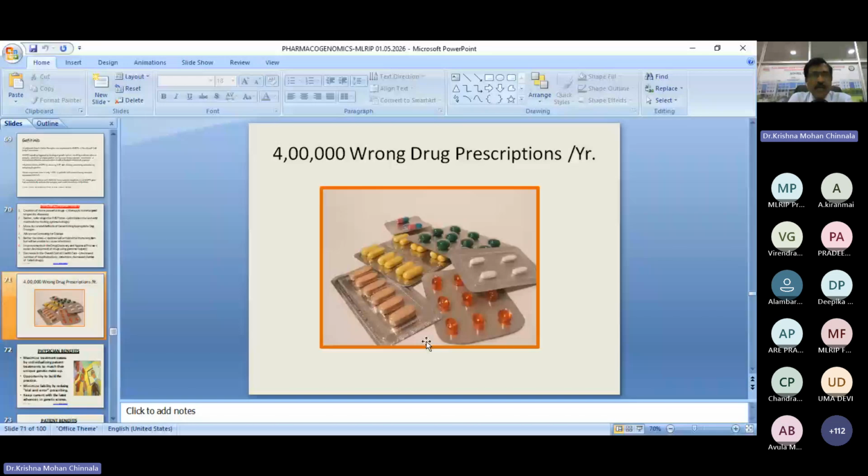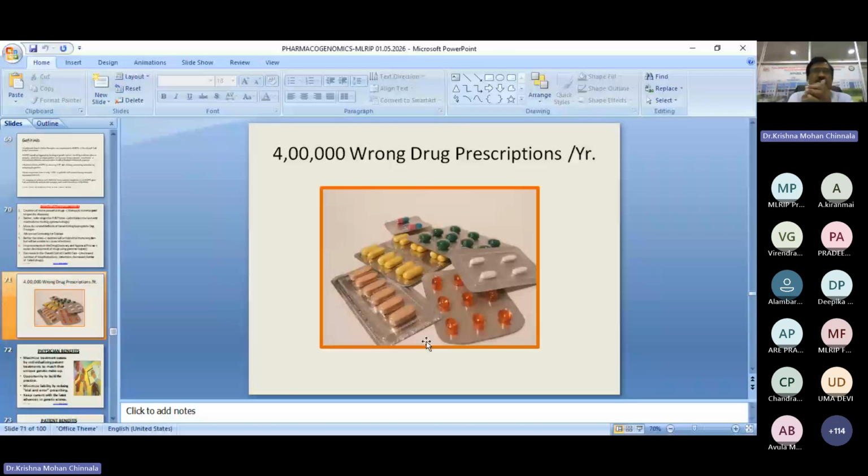Here, I can give a joke. There was a conference in the US. Every country's representative was giving their statistics about the adverse drug reactions taking place in their own country. When it was India's turn, the representative went onto the stage and said zero adverse drug reactions in India.